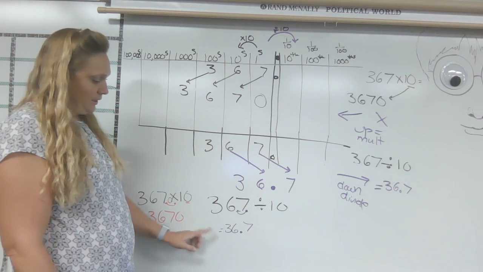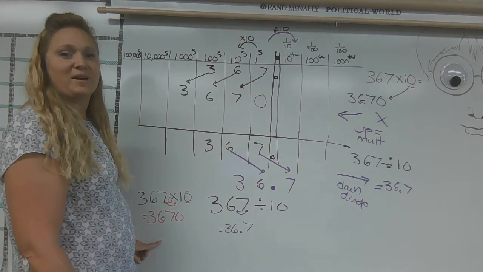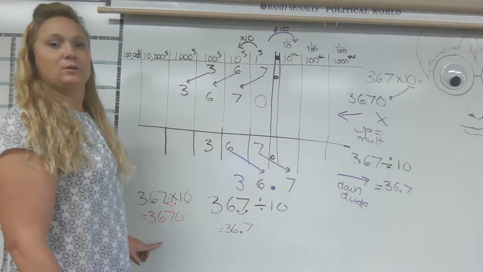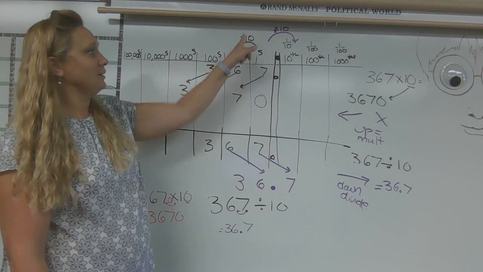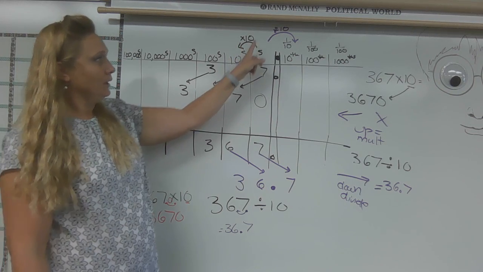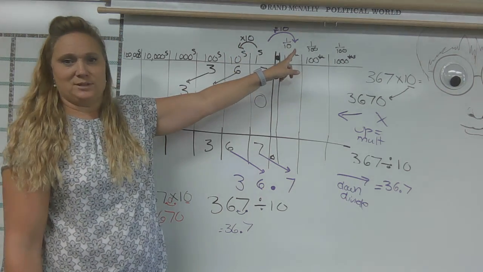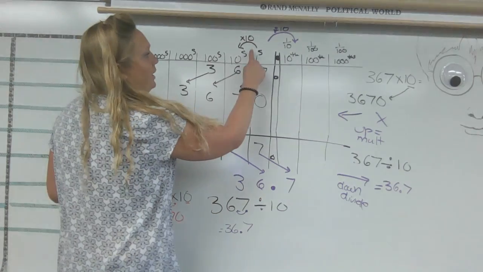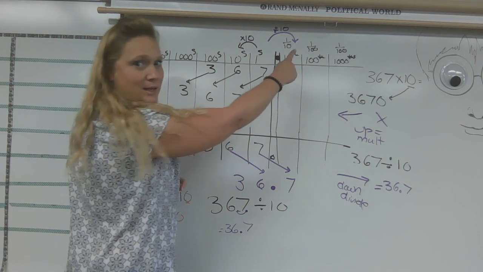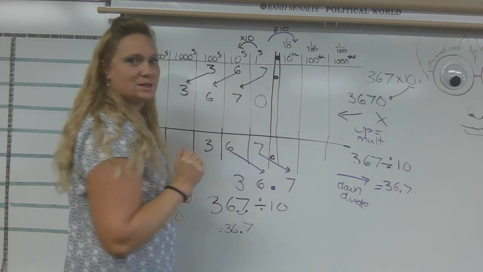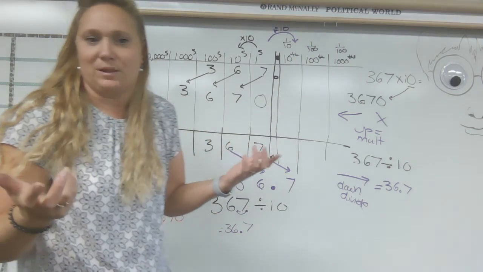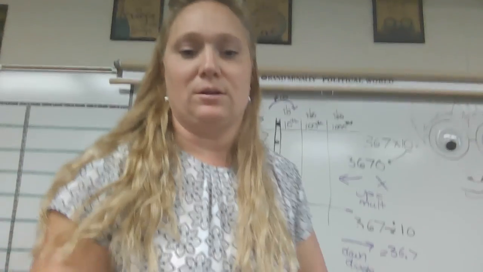We understand that we can really do it just by visualizing what's happening to the place value. Again, the important thing to know is every time you shift up, you're 10 times bigger. Every time you shift down, you're 10 times smaller. So if you shift down twice, 10 times 10 is 100. So if I shift it down 2 times, that's 100 times smaller. When I divide something by 100, that's 100 times smaller.